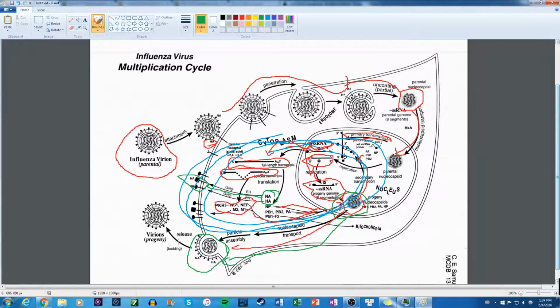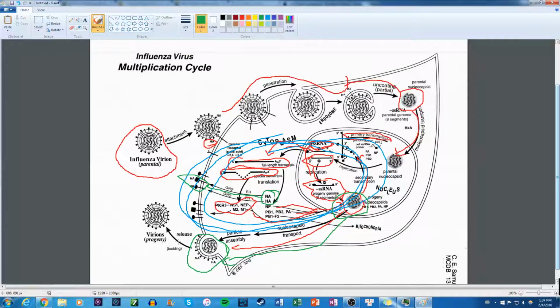Neuraminidase actually goes back. It cleaves, or chops up, the hemagglutinin sialic acid complex.